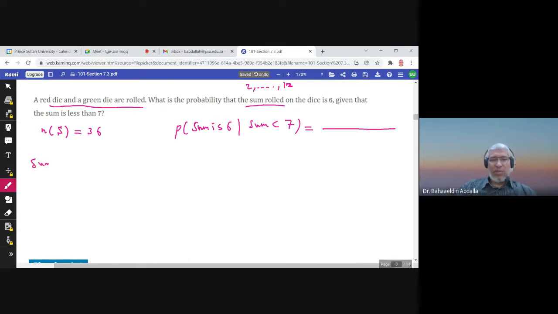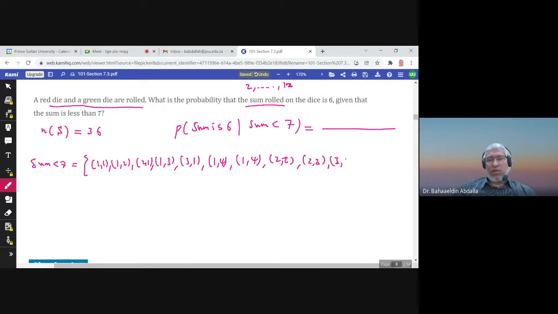So sum less than 7, let us write this set. I start with 1, 1, and everything with 1. And now 2, 2, 2, 1 is there. So just 2, 3, 3, 2, 3, 3, less than 7. There is also 4, 1 and 1, 4.